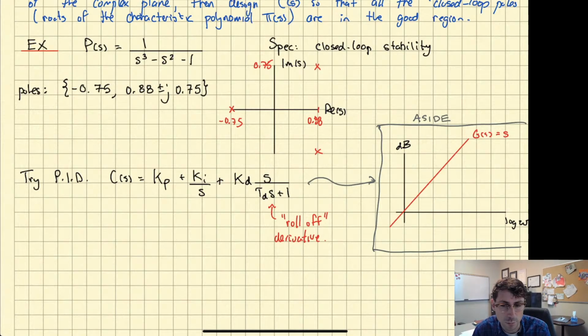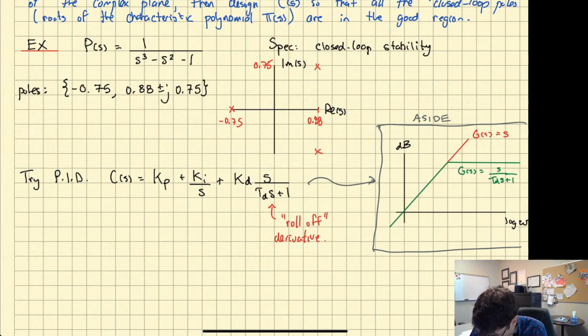I'll just draw the magnitude. What does the Bode plot of this term look like, which is now not s but s divided by tau d s plus 1? It's basically going to equal the ideal derivative up to a certain point, and then at some point it will cut off. So this is our practical differentiator.